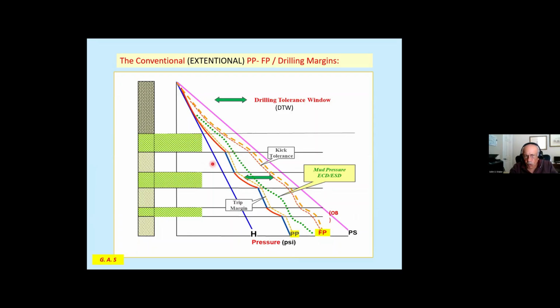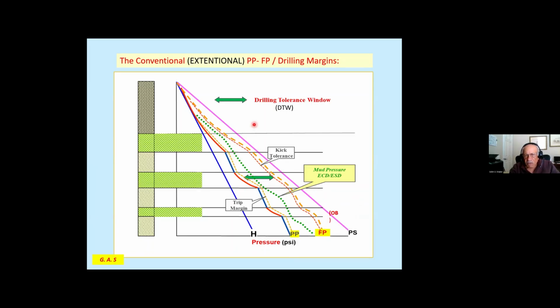We do not predict the pore pressure in the sand. I just saw a paper yesterday where they predicted the pressure in the sand, and it just is not possible. I've been saying that for a long time, since 2001.